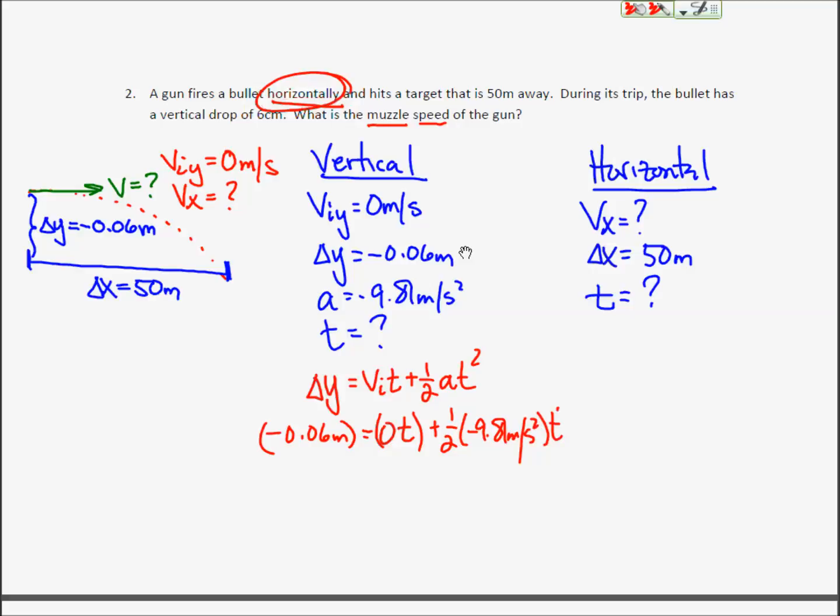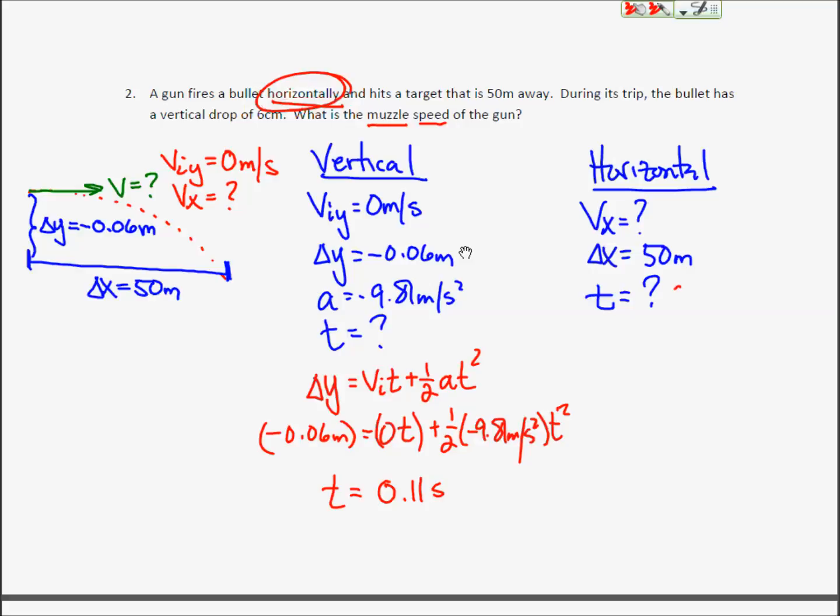Okay, go ahead. Don't forget to square that, all right? And I go ahead and I solve for t. And I get a value of 0.11 seconds, all right? So 11/100ths of a second.